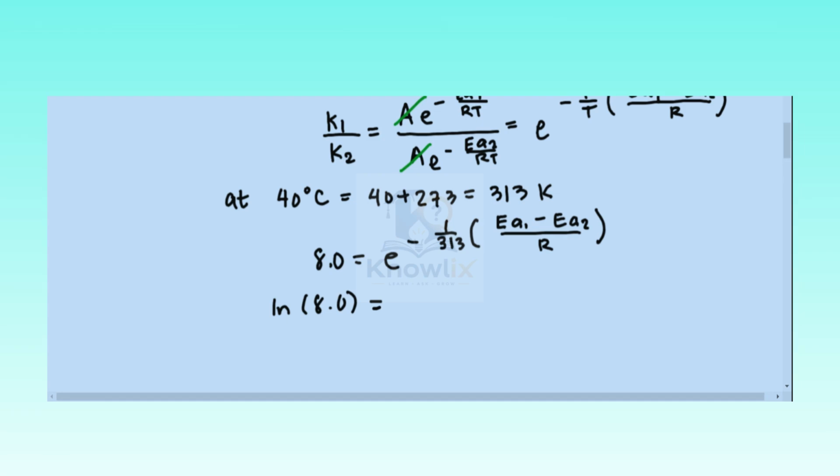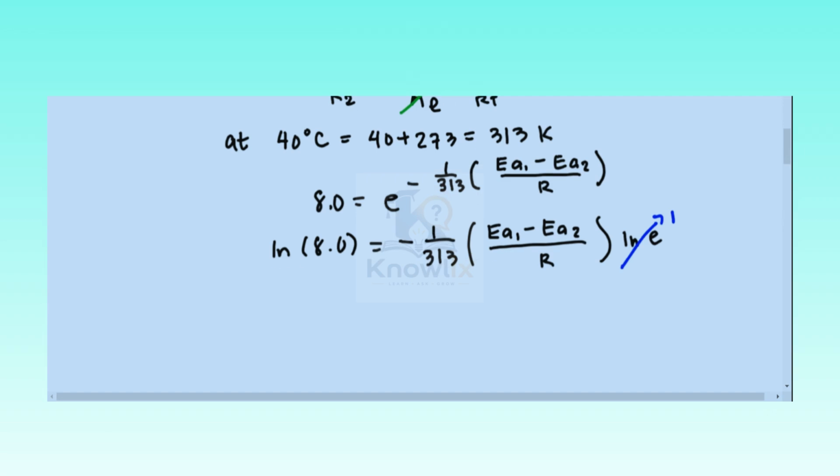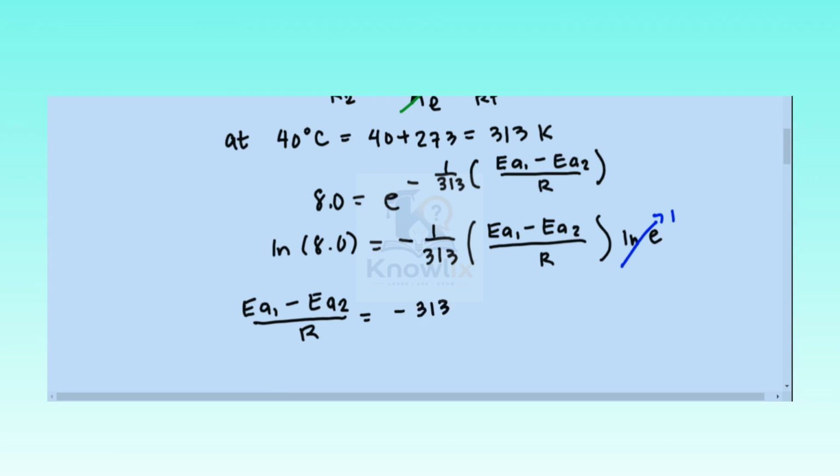If I do that, I'm going to be able to bring down negative 1 over 313 times Ea1 minus Ea2 over R times ln of e. But ln of e is equal to 1. And so it follows that Ea1 minus Ea2 over R is equal to negative 313 ln of 8.